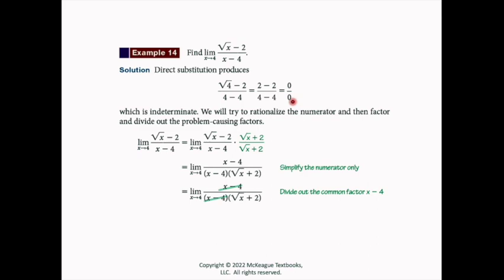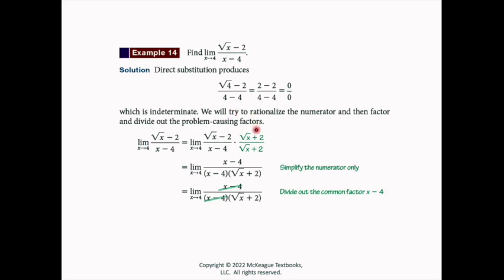When you're dealing with radicals, most of the time, but not all the time, using the conjugate to rationalize either the numerator or the denominator might help clear up this problem. Now, to rationalize either the numerator or the denominator, you need to use what's called the conjugate. This should be a review, but just in case, the conjugate, this expression here on the top, you literally just switch the sign in the middle.